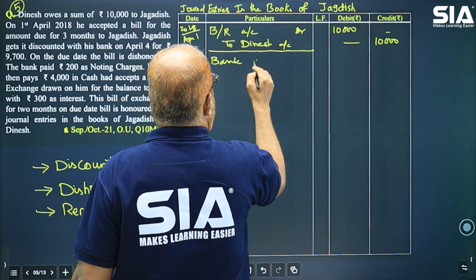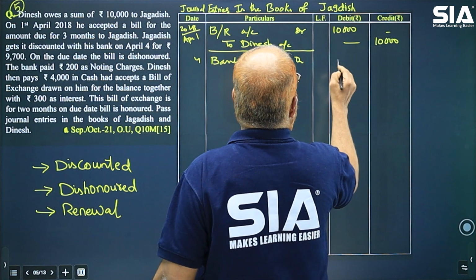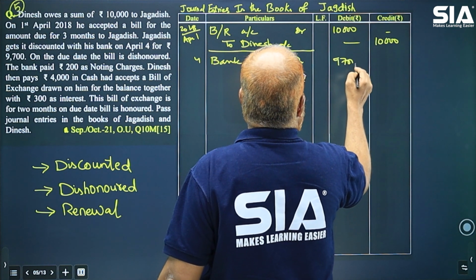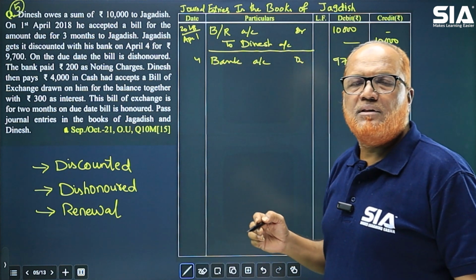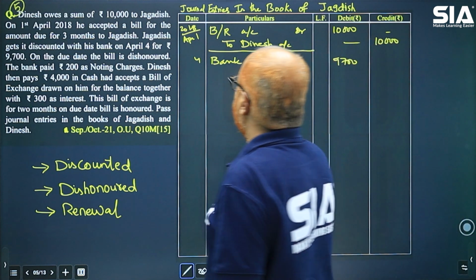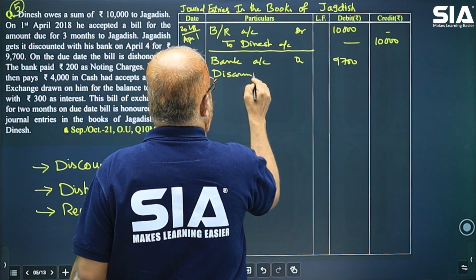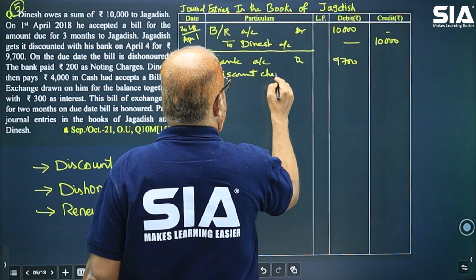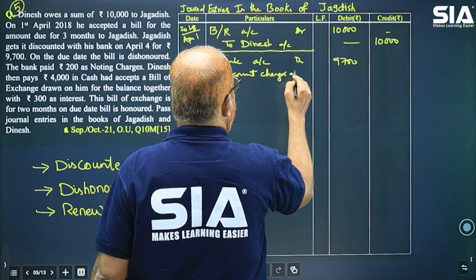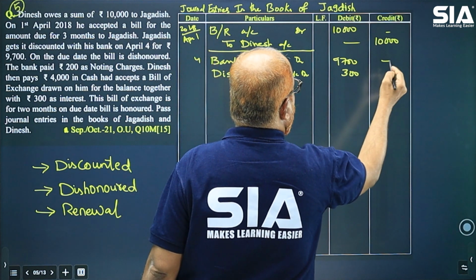So bank account debit, how much amount we are getting? 9,700. So what happened to the 300 rupees? That is discounting charges taken by the bank. So discount charges account debit. Discount charges are 300, right?